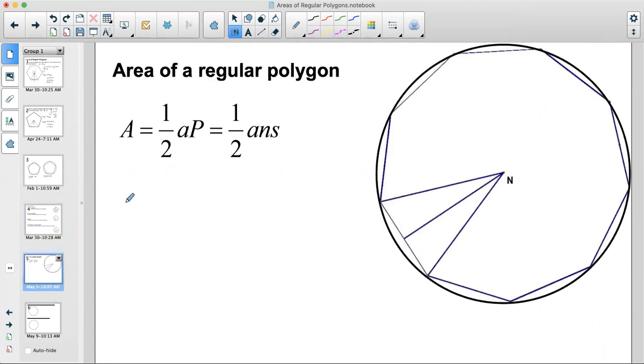There's also a formula for the area of a regular polygon, which we don't really need because we saw how to find it just by using triangles, but it's sometimes handy. It's 1/2 AP, where A is the length of the apothem, and P is the perimeter.